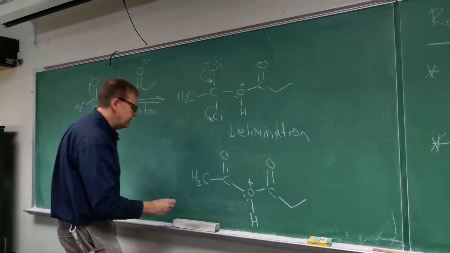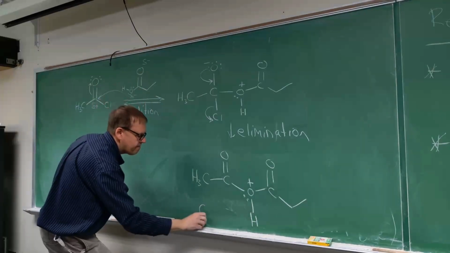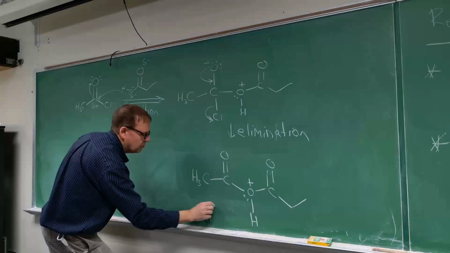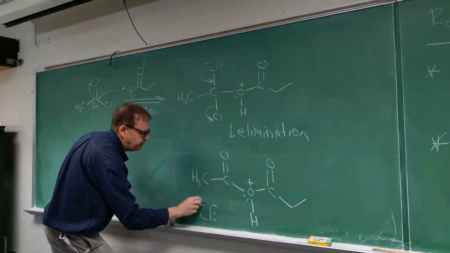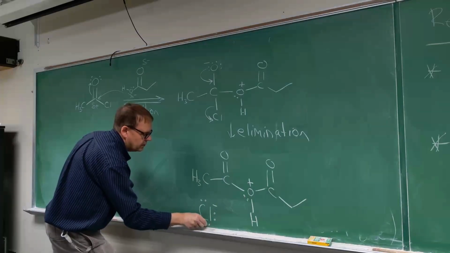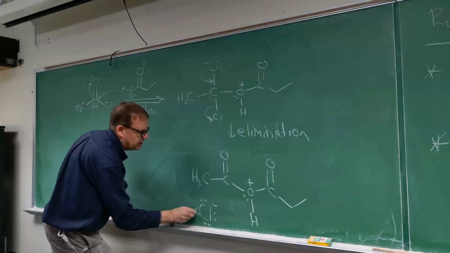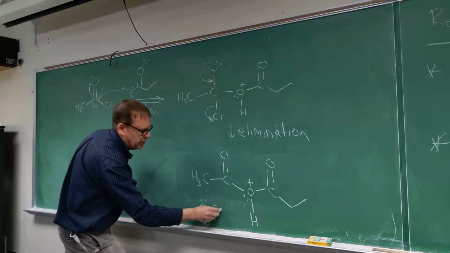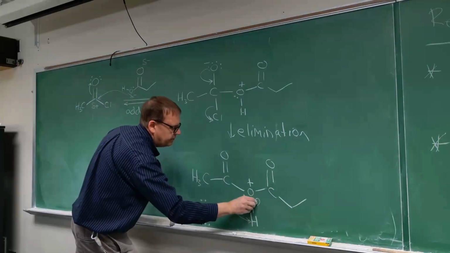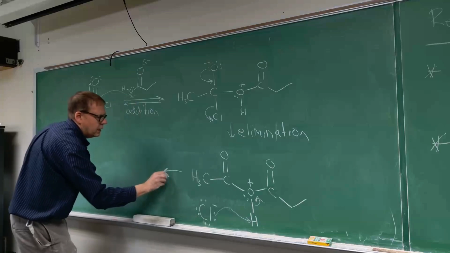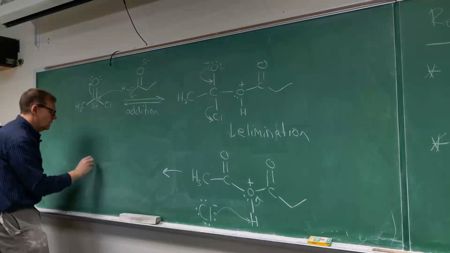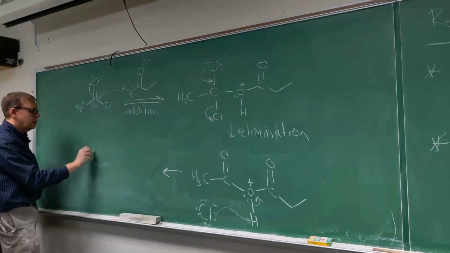And we have a Cl minus as well. That was the leaving group on the acid chloride. So the last thing that happens is that Cl minus comes by and grabs a proton, and you get the finished anhydride.